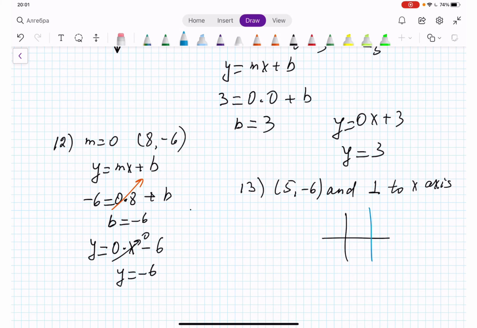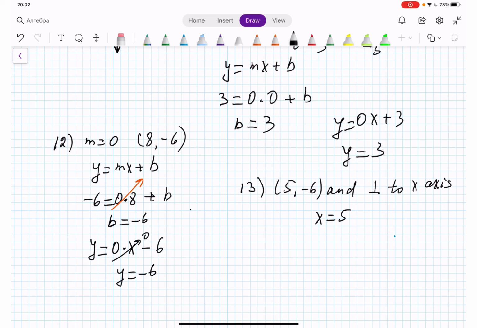So this is an equation of x is equal to whatever, right? So our x is 5. That means our equation that runs perpendicular is going to be x is equal 5, since perpendicular means it never crosses the y. So therefore, perpendicular to x, that's going to be the equation x is equal 5.